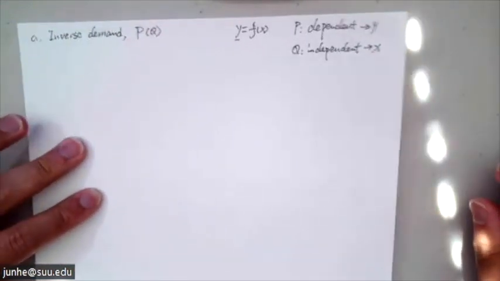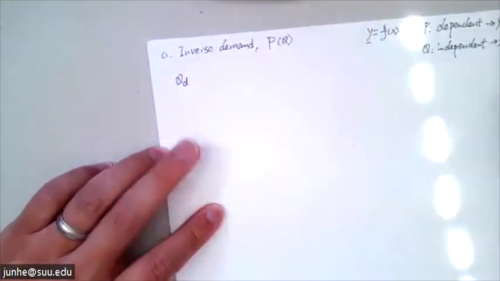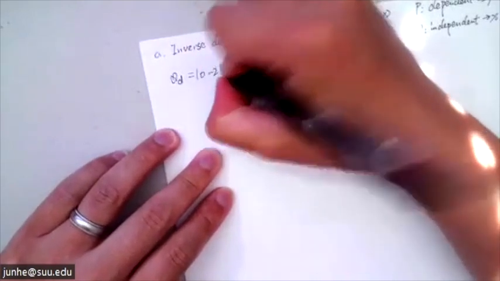Okay, so now let's look at the original expression. So first it is demand. So we are looking at QD, and this subscript D stands for demand, equals 10 minus 2P.